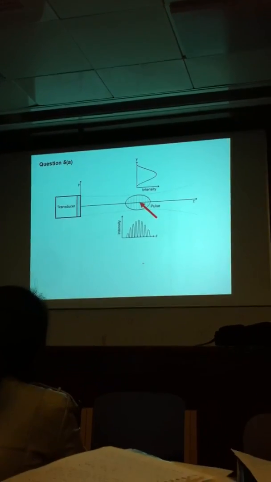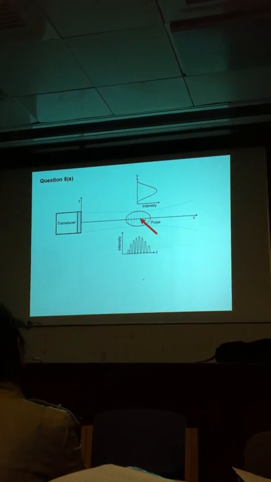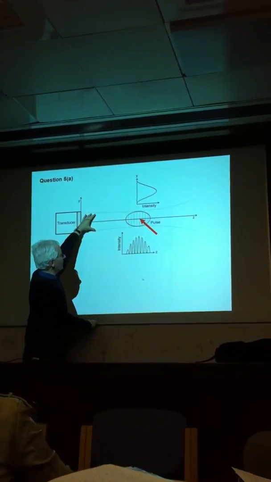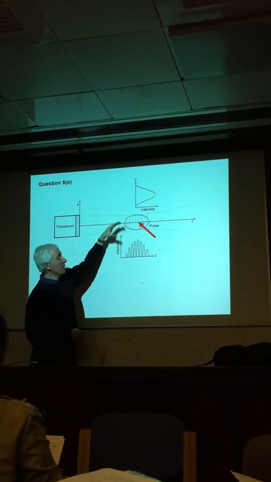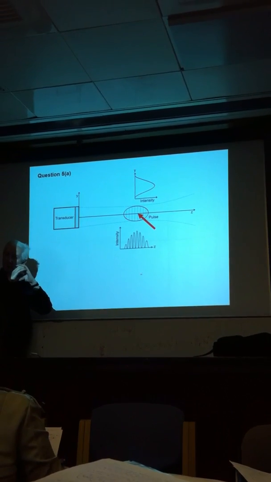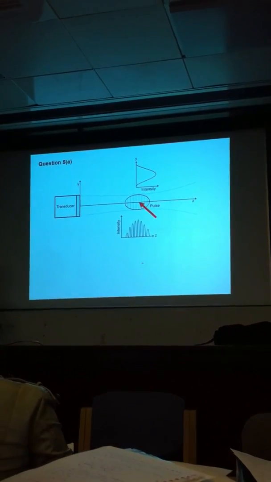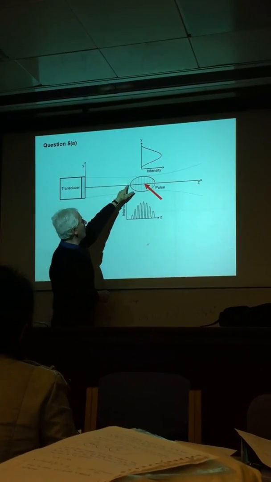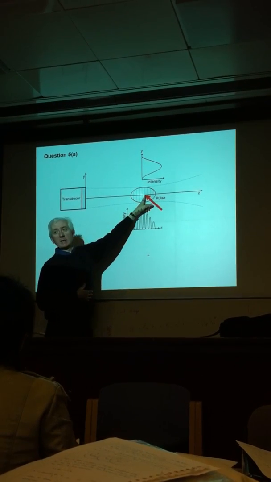So we define that pulse as having a point within it at which the intensity is the highest. We also consider the fact that the pulse is moving in this direction, and where it is focused is where the pulse is smallest, and that's where we expect the intensity to be greatest. So there is no other position along the axis where the intensity is greater than it is here.